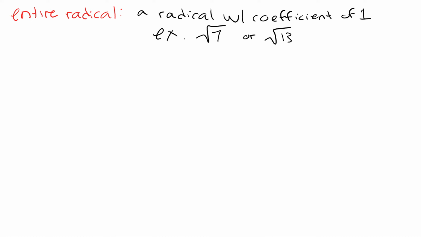Whereas our next term is what's known as a mixed radical. A mixed radical is the opposite of an entire radical, and it is a radical with a coefficient other than 1.